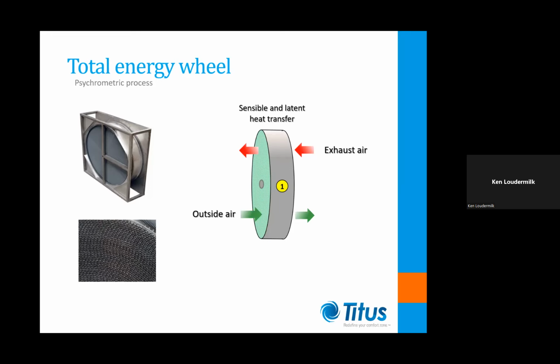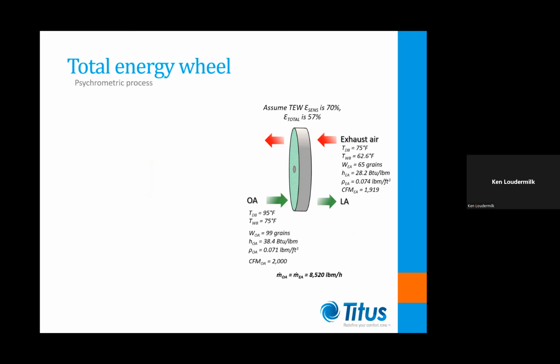The mass flow rate of each airstream remains constant through the process. As the wheel rotates, both heat and moisture is transferred from the warm outdoor air to the exhaust air. The pink and blue arrows depict the outdoor airstream properties changes that occur during this process.